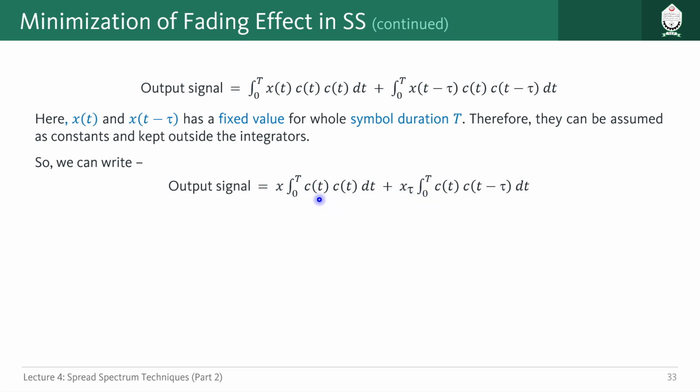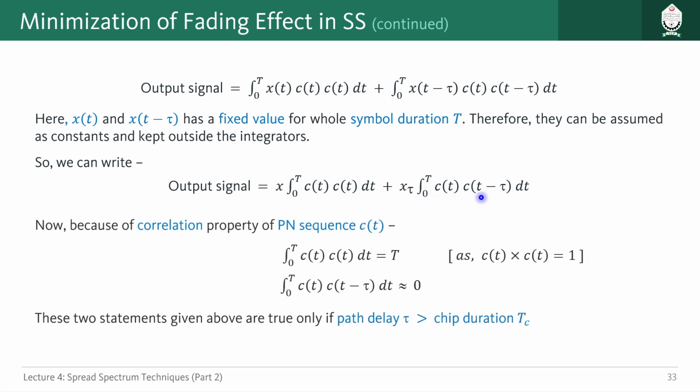Now we have to somehow calculate these two integrations, and to simplify these portions we can use the properties of correlation of the PN sequence c of t. We know that c of t multiplied with c of t results in 1, so this integration should result in a value of T. And we know that when we have c of t multiplied with a delayed version of itself, where that delay is tau, right?